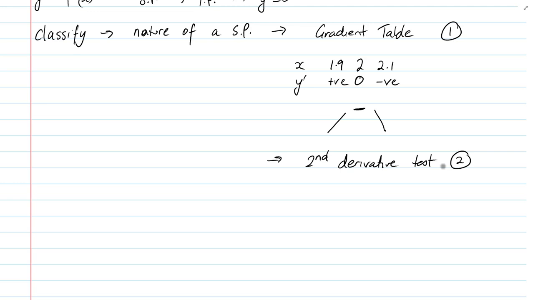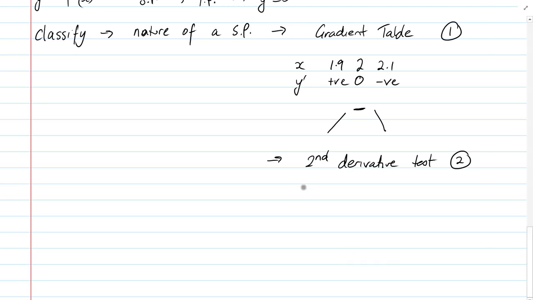If we're talking about a maximum, the gradient starts positive, and it goes to 0, and then it becomes negative. So what's the rate of change of the gradient for a maximum? It's going from positive to negative, which means the rate of change is decreasing, isn't it? It's a decreasing rate of change. So the rate of change will be negative.